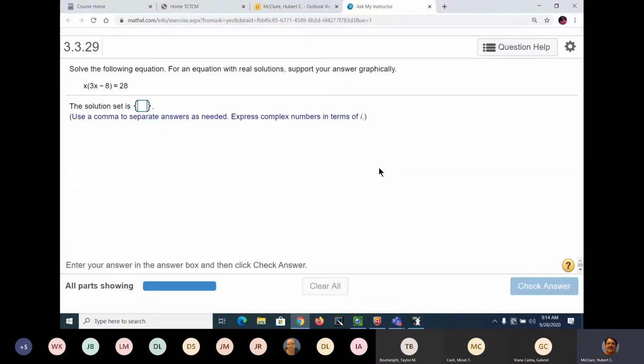Is this a test question? It's a good question. Yeah, I like this one. It says solve the following equation. I think this is the only one we didn't get to last time. I can't remember.